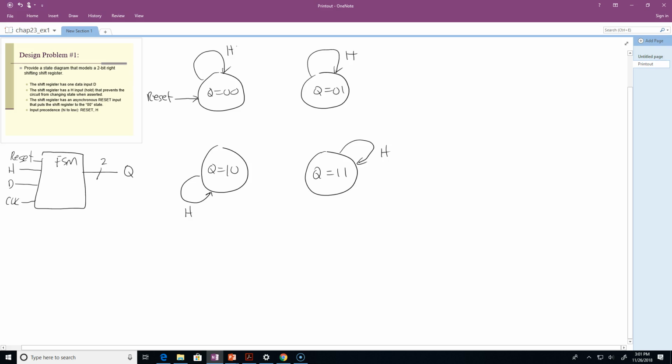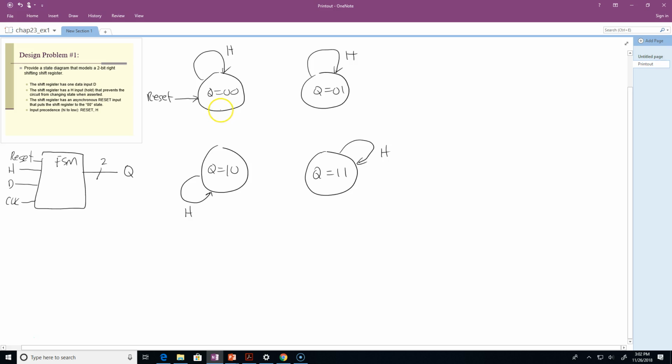Okay, so next thing to do is to start somewhere and fill in the rest of the states. Because there are essentially 2 inputs to this thing, not including the clock, and the reset's special because it's asynchronous, there's a possibility of 4 different transitions leaving each state, and that's going to be my check to make sure I've completed each of these states.